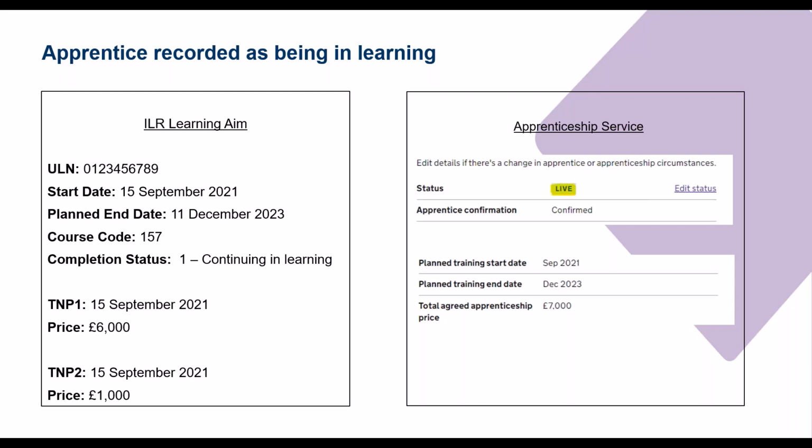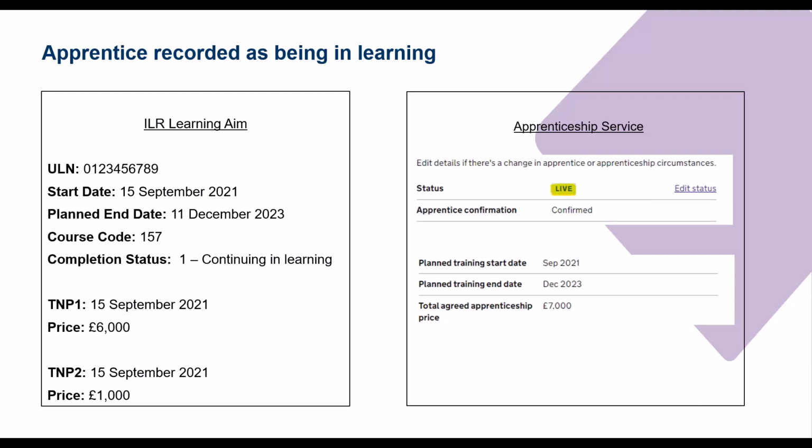We've got a set of TNP records there, which are declaring the cost for the whole apprenticeship with this provider, which is £7,000. There hasn't been a change of employer, and we know that because there's not a TNP3 and TNP4 present.